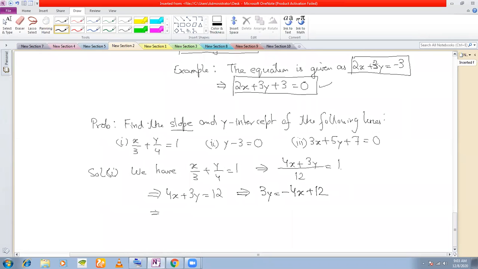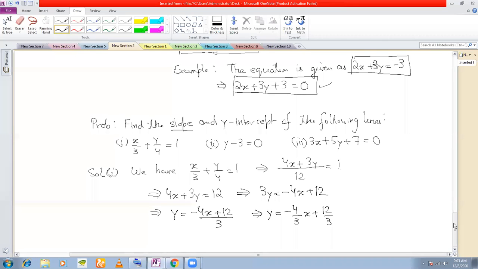So now you get y is equal to minus 4x plus 12 divided by 3, which can be written as y is equal to minus 4 by 3 x plus 12 by 3.